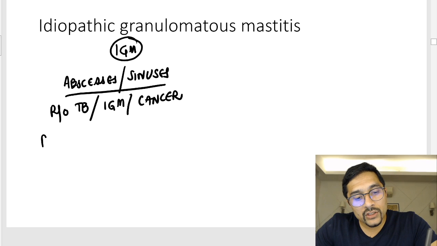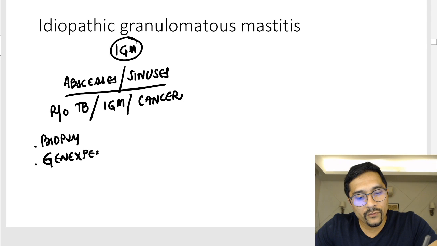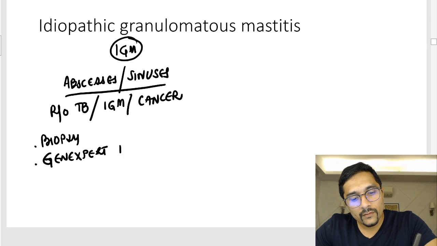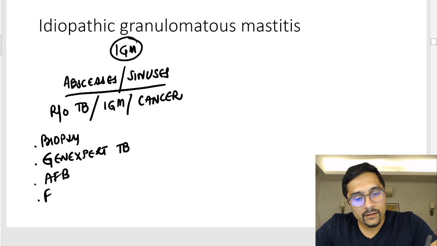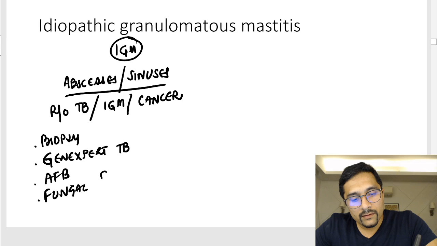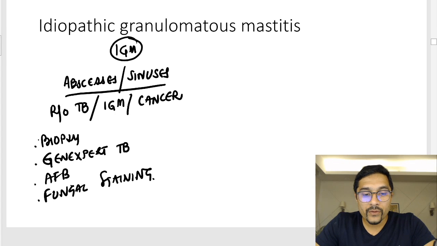So in these patients, we send a biopsy, we send a GeneXpert or CBNAAT for TB, we send AFB staining, fungal staining or fungal culture is also done.